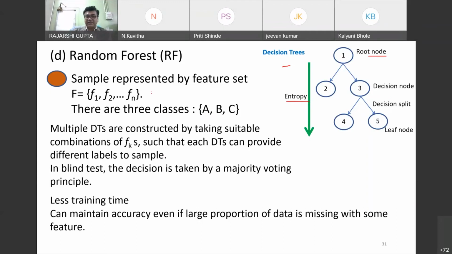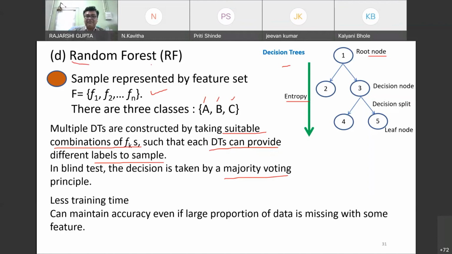If we take a master feature set having n number of features, and we need to assign a particular sample to A, B, C, like good quality, medium quality, or corrupt quality biomedical signal, naturally different combinations of features are taken, and each decision tree can provide different labels to a particular sample. So in the case of a blind test, this decision is taken by majority voting.